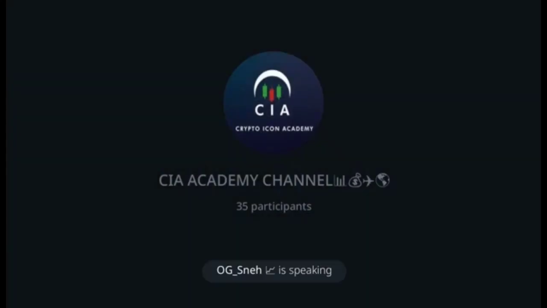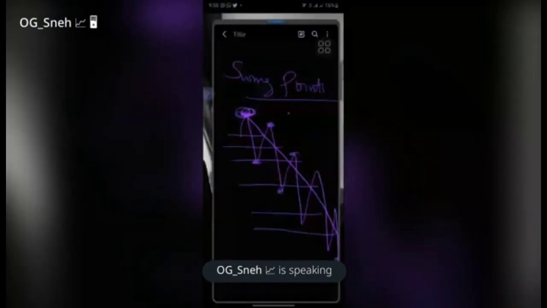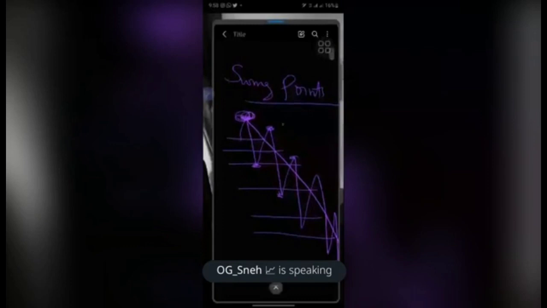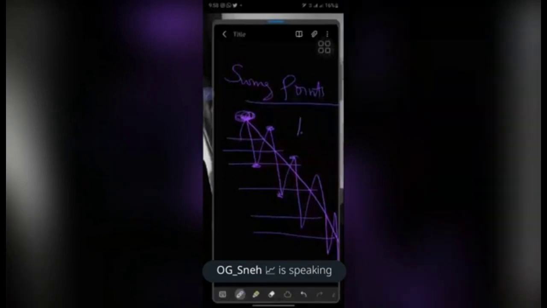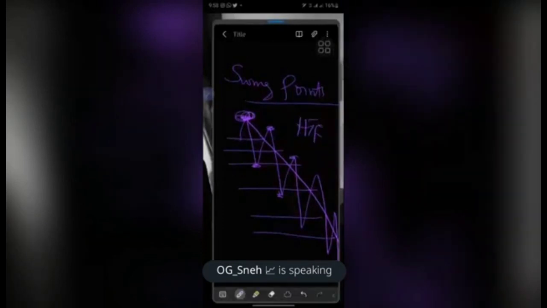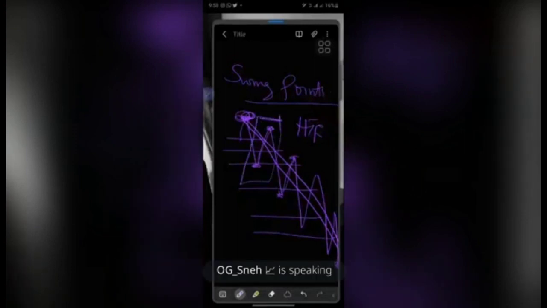Let's say the way this market is now, this is the higher time frame overview. The market is going down, right? But along the way, you can see that the market is going up. If we study this particular place on a lower time frame, you are going to see a lot of moves going up.